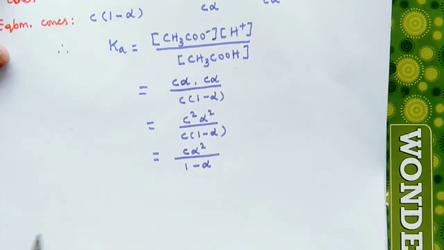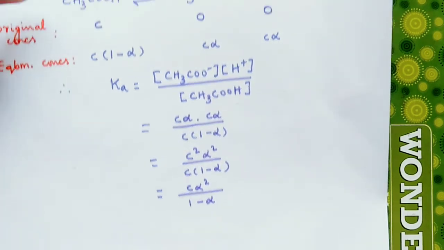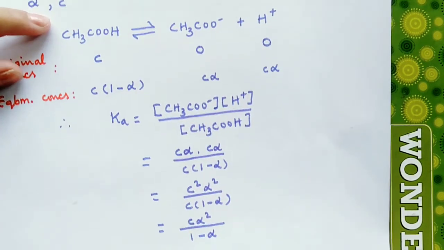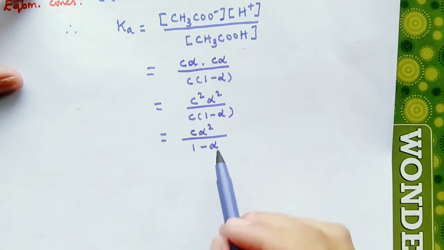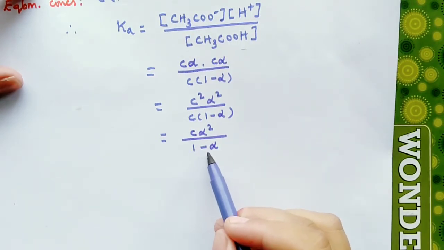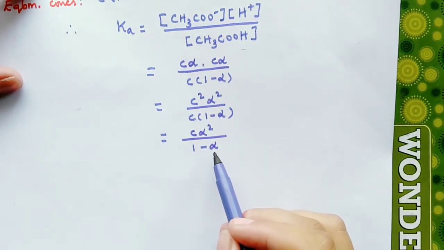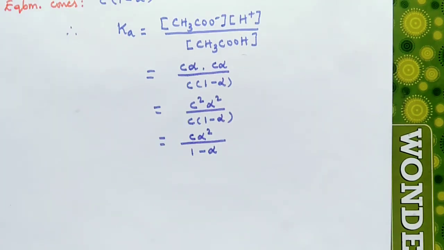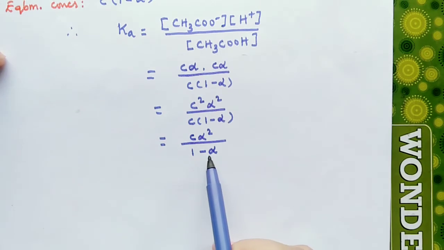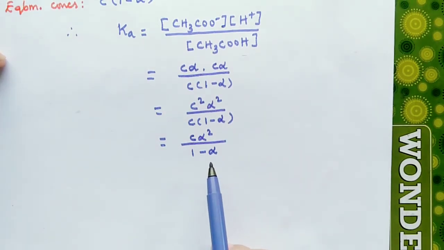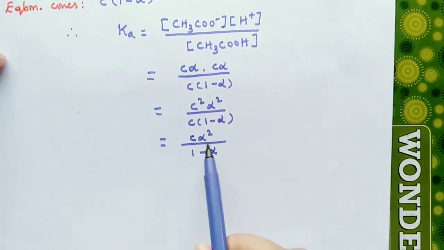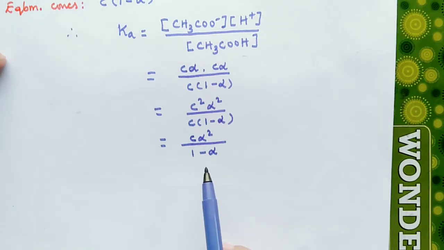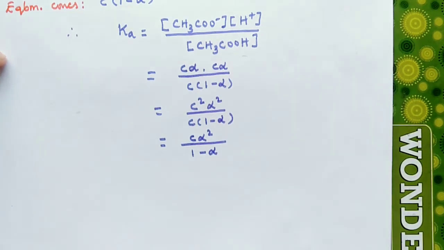Now look here. We consider a weak acid, right? For a weak acid, alpha is very small, so (1 - alpha) can be taken as 1.